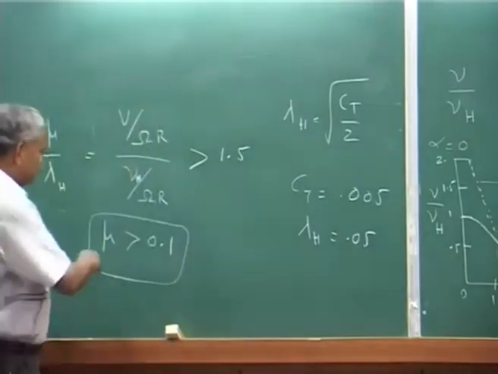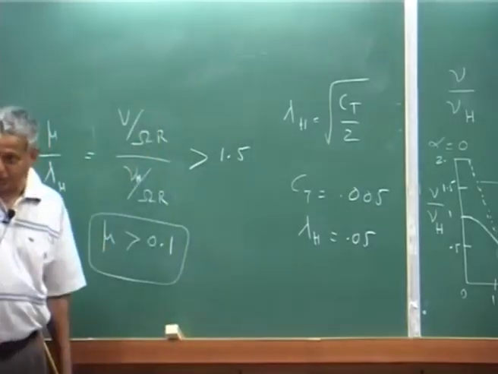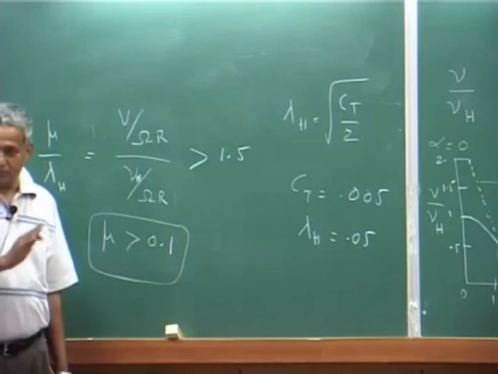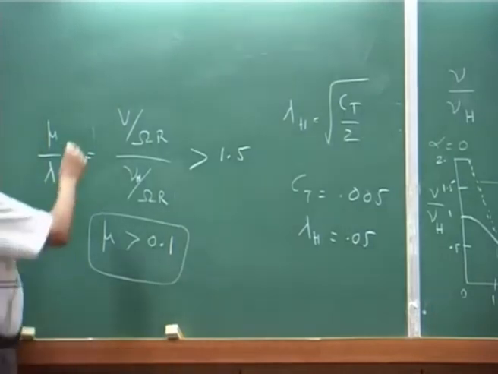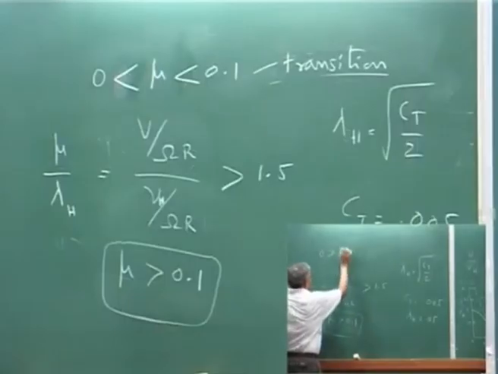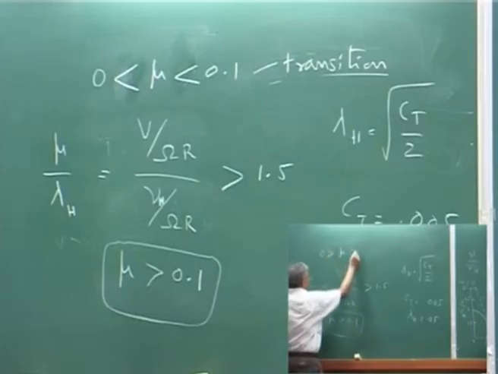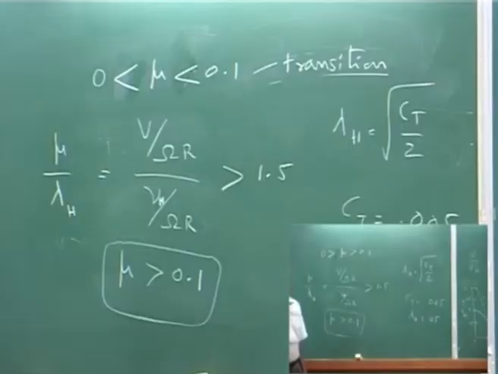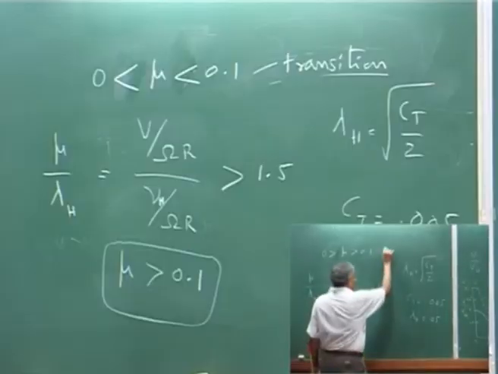in the forward speed, because this is forward speed advance ratio, in the range 0 to 0.1, in this range, usually the rotor is called in transition. Okay.